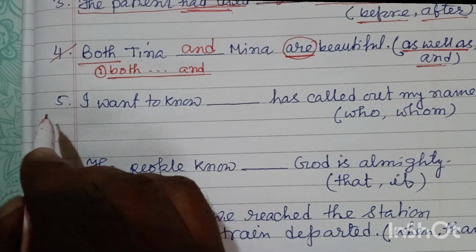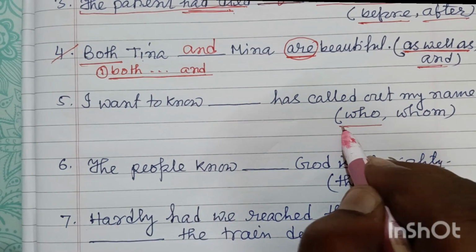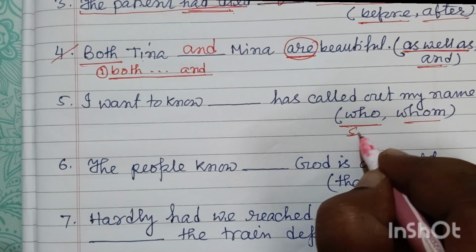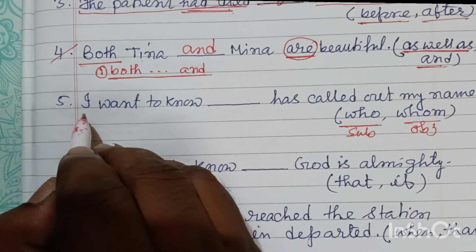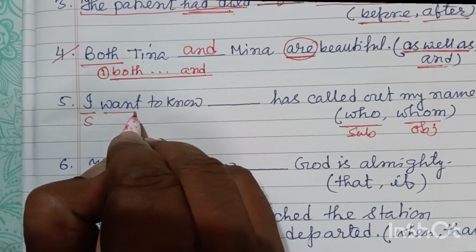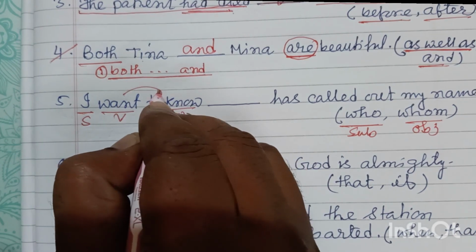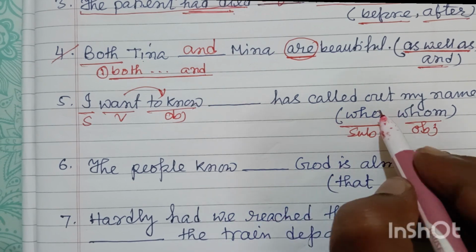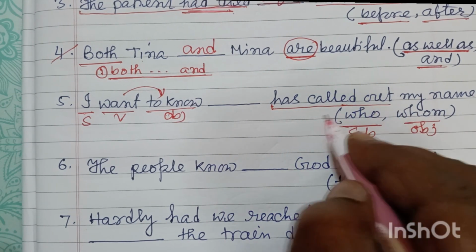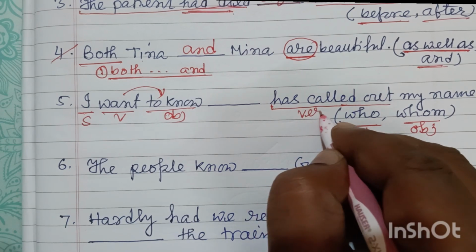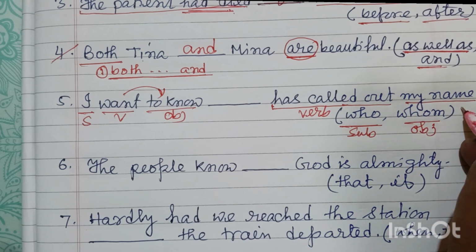Next question number 5: I want to know blank has called out my name. Friends, two options are there: who and whom. "Who" is the subjective form and "whom" is the objective form, you know it. So here you can see this is the subject, this is the verb, and "to know" has this as the object. So this part is completed. And here you can see "has called out," actually this is the verb, and "my name" is actually the complement.